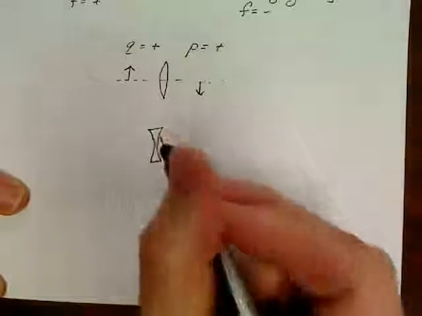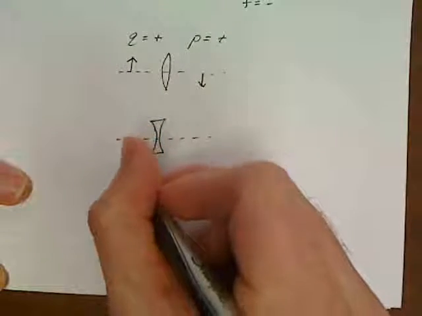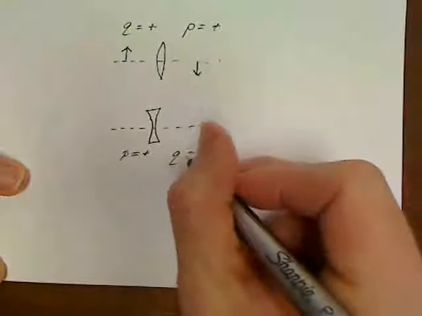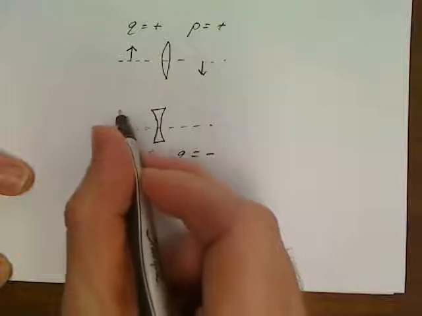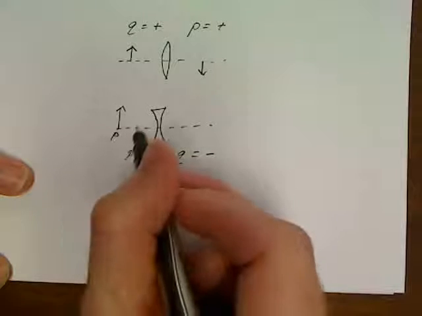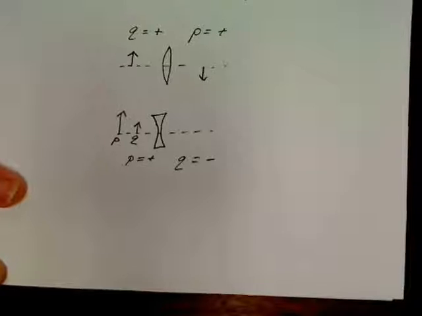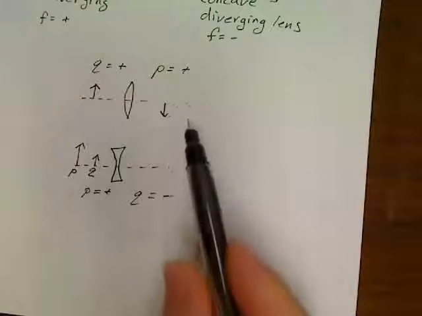Notice how I'm drawing this kind of lens, but it could work with the other. If you work a problem and your P is positive and your Q comes out negative, that actually means that if this is your P, your Q will be on the same side. Once again, for a mirror, this is completely opposite.